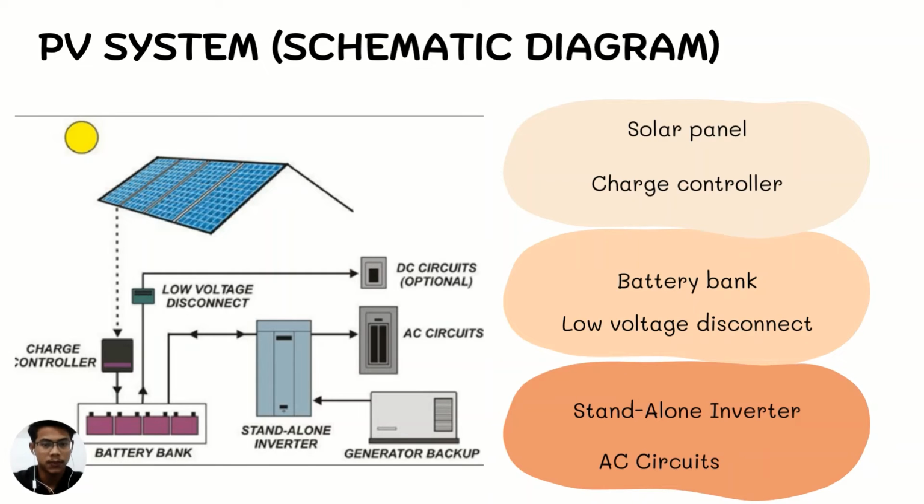Then it is transferred to a charge controller, which is used to limit the current supplied into the battery bank. The battery bank receives the current from the solar panel and stores it before it goes to another process.